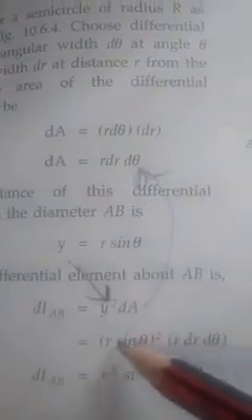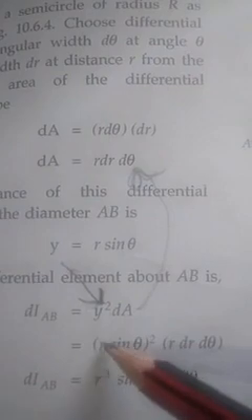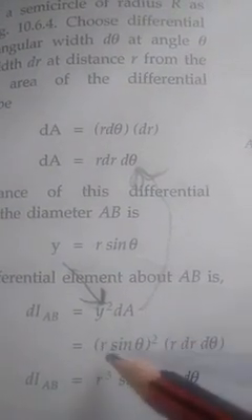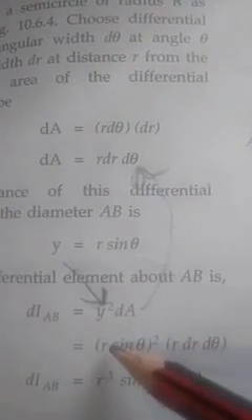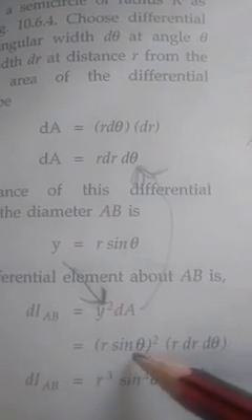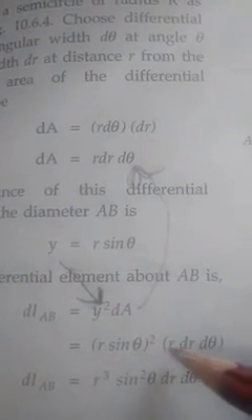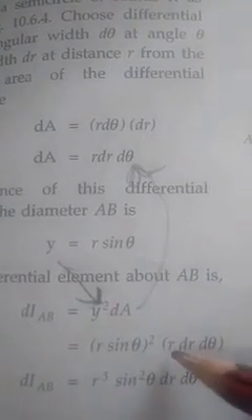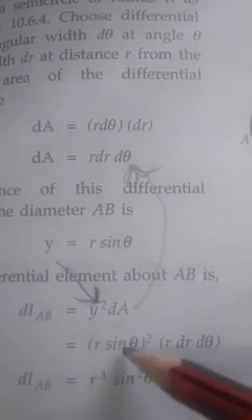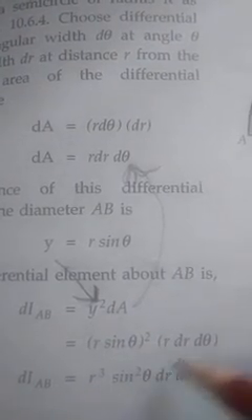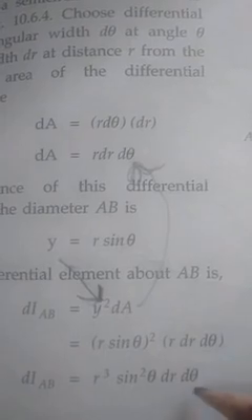Now if you remove the bracket, r becomes r square and sin theta becomes sin square theta. This is r square, and into r it will become r cube. Sin square theta, you write as it is. Dr into d theta, you write as it is.